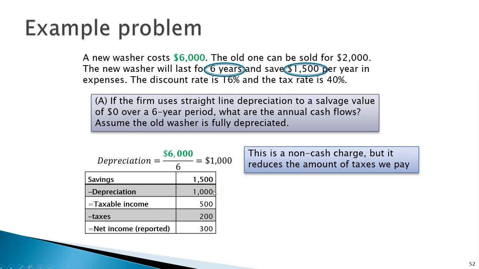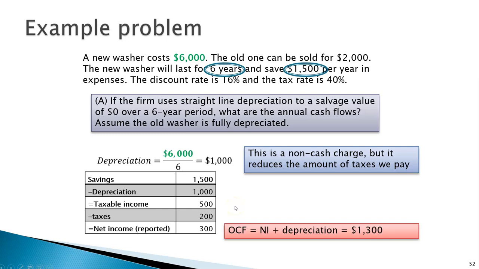We can take out depreciation expense out of that, and so we'll add $500 to our taxable income by doing this project. And since our tax rate is 40%, that means we're going to have an additional $200 in taxes we have to pay. And so the net income that we reported will go up by $300 if we do this project.